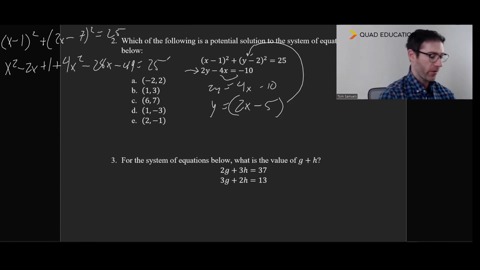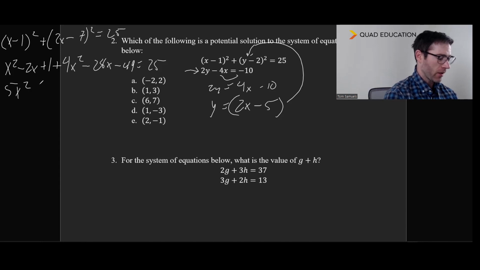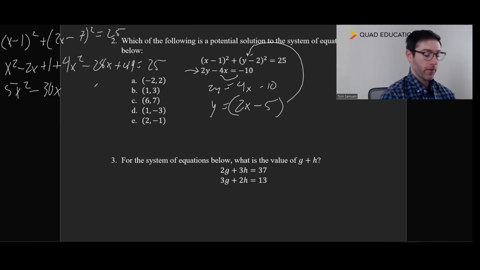And now I'm going to add everything together. So I have an x squared and a 4x squared. It's going to give me a 5x squared. Negative 2x minus 28x is going to give me negative 30x. And 1 plus 49 is going to give me 50. It's going to equal 25.